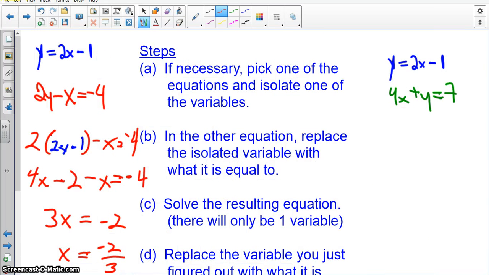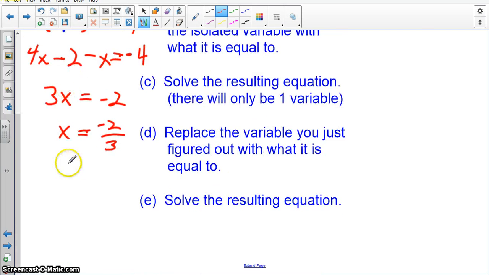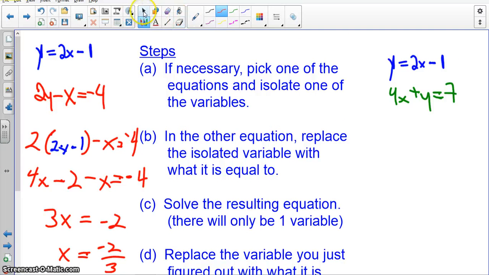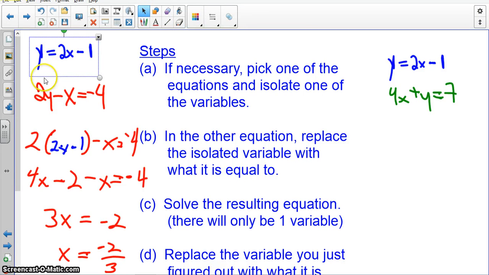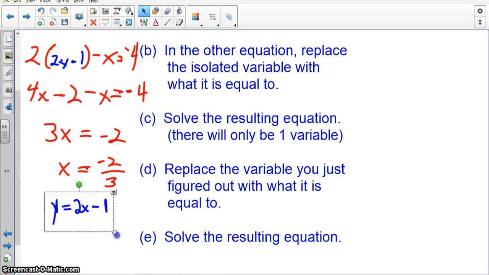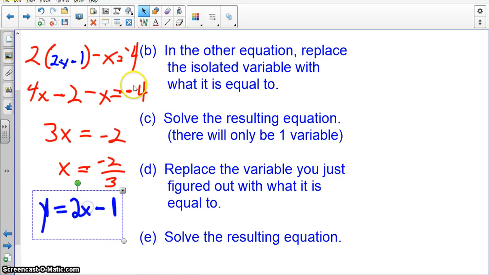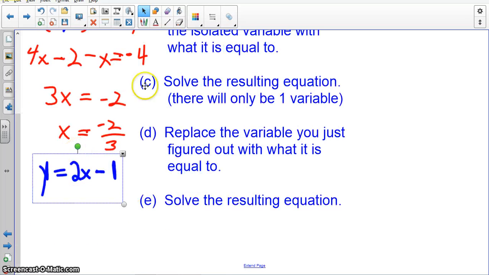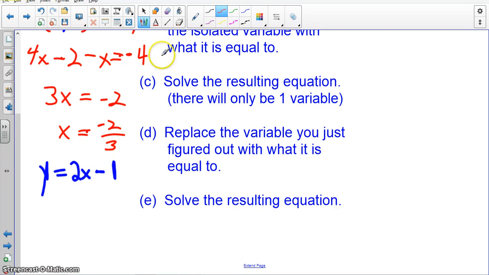So then what we have to do is go back to one of the original equations, really whichever is solved for. In this case, in fact, let me be lazy. Clone and drag it down. What we can then do is take this negative 2/3 and plug it back into this blue one.